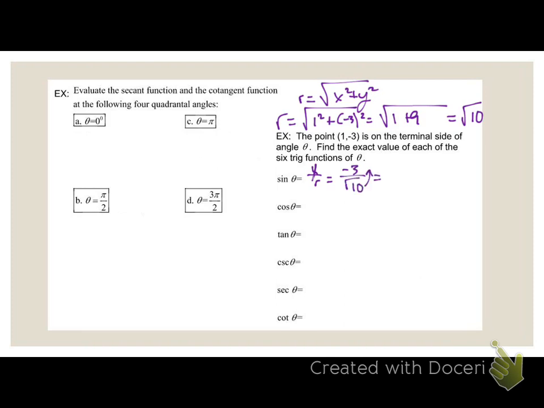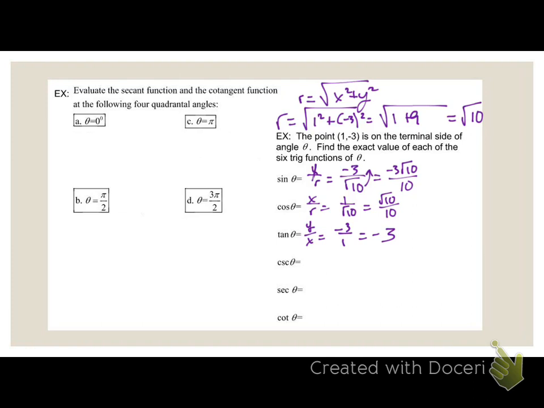And so when you rationalize, you get negative 3 radical 10 over 10. Cosine is x over r. X is 1, r is radical 10. When you rationalize, it's radical 10 over 10. Tangent is y over x. Don't even need r. So negative 3 over 1 is just negative 3.